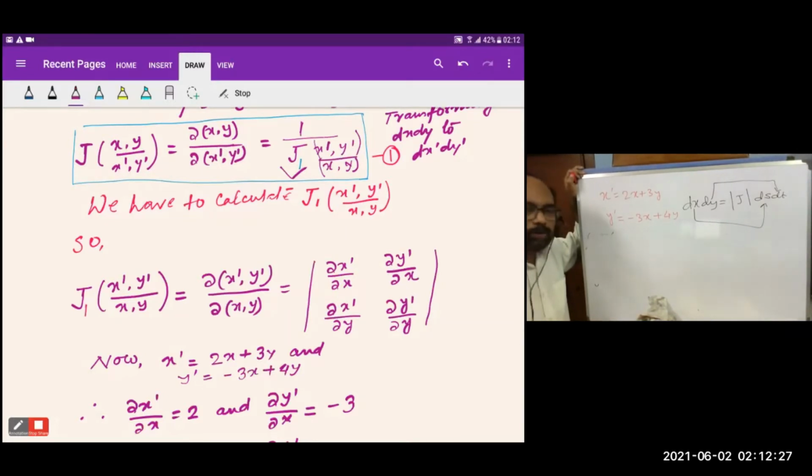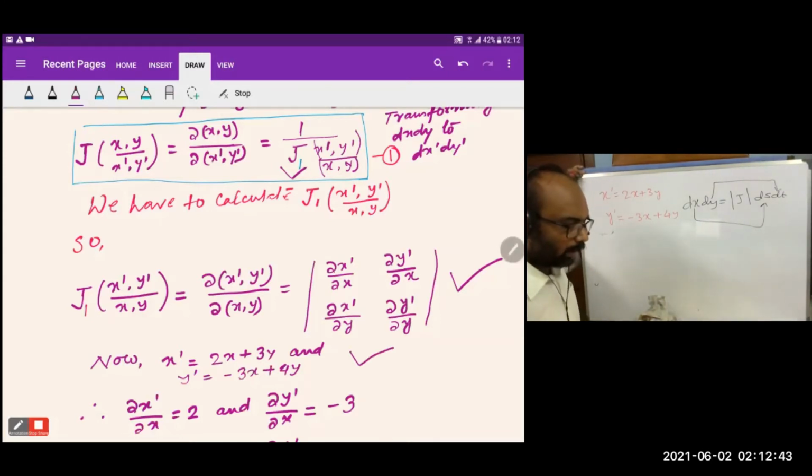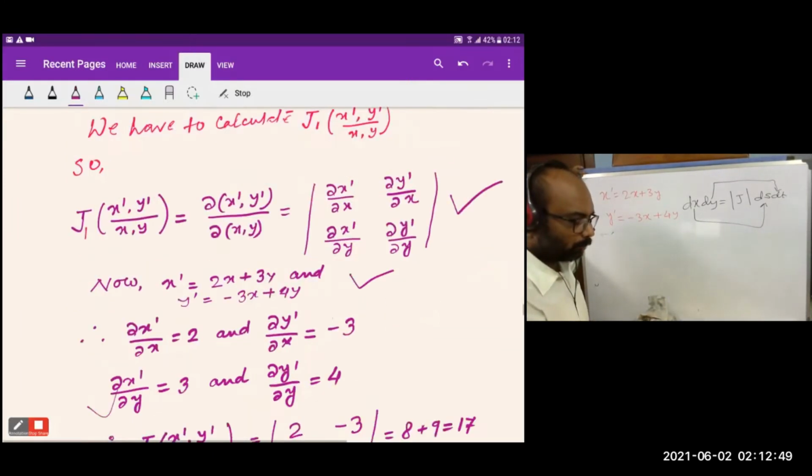So J1 of x dash y dash with respect to xy is given by this determinant: del x dash by del x, del y dash by del x, and del x dash by del y, and del y dash by del y. We are given x dash equal to 2x plus 3y, y dash equal to minus 3x plus 4y.